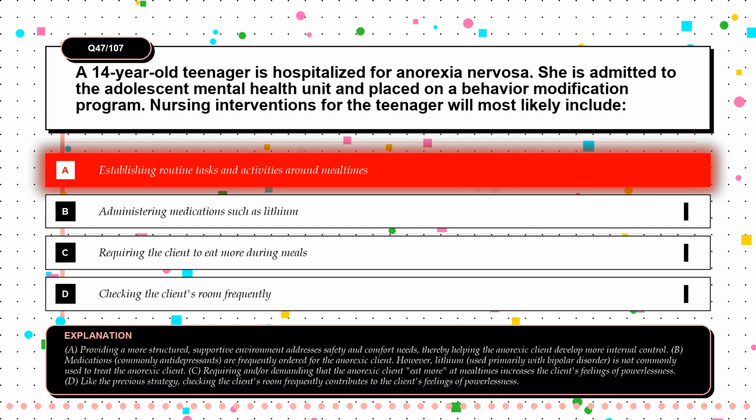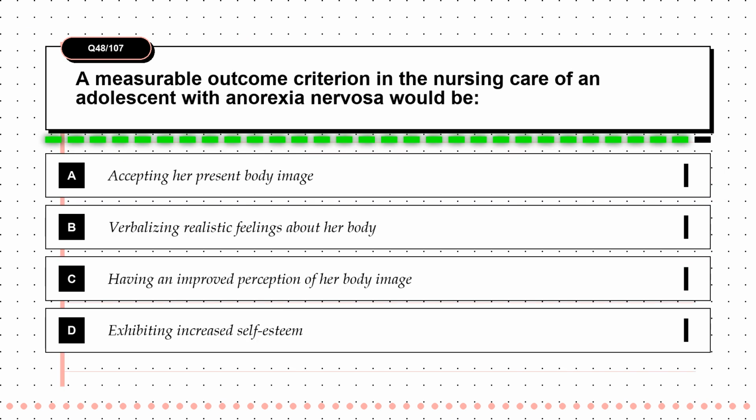However, lithium, used primarily with bipolar disorder, is not commonly used to treat the anorexic client. C. Requiring or demanding that the anorexic client eat more at mealtimes increases the client's feelings of powerlessness. D. Like the previous strategy, checking the client's room frequently contributes to the client's feelings of powerlessness.